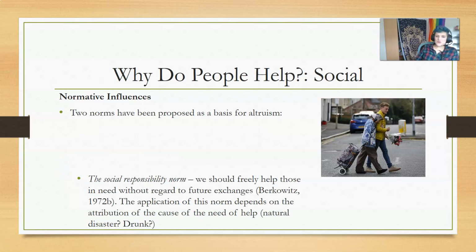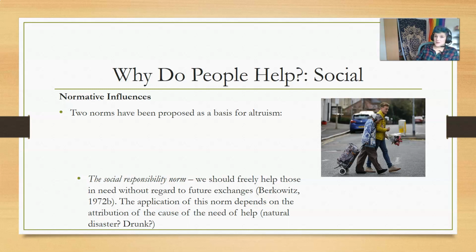We have a social responsibility norm, and that is that we should freely help those who are in need without regard for future exchanges. The application of this norm, however, can sometimes depend on the cause of the need for help. So someone might be on the floor and in need of assistance. This might be because they are old, they've tripped up and they've hurt themselves.